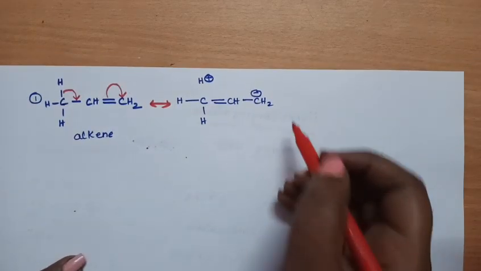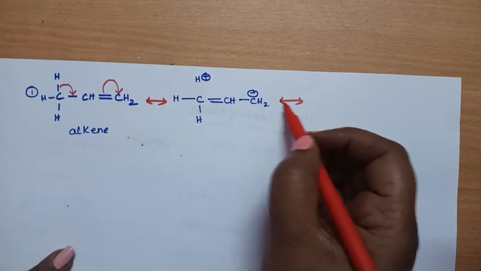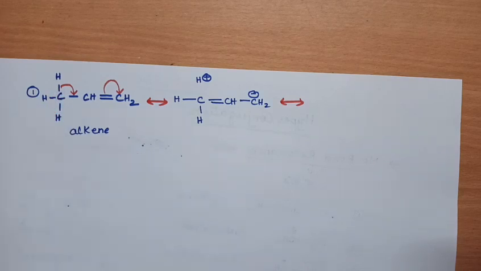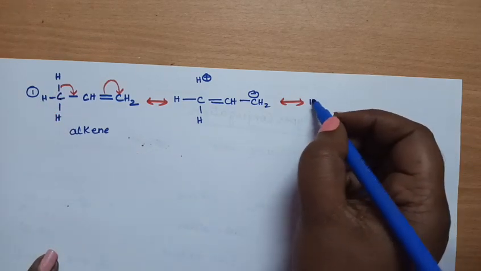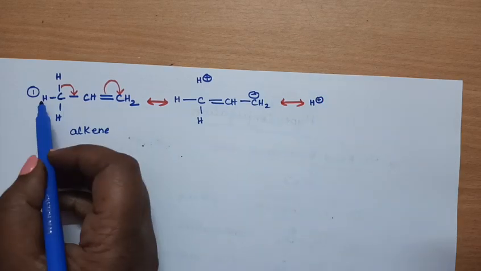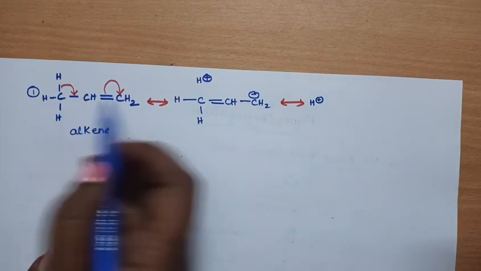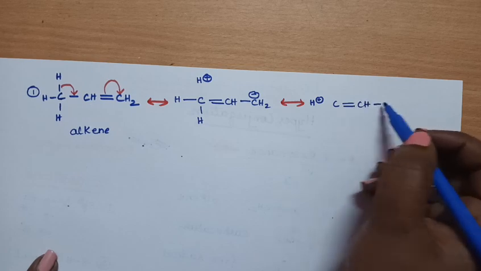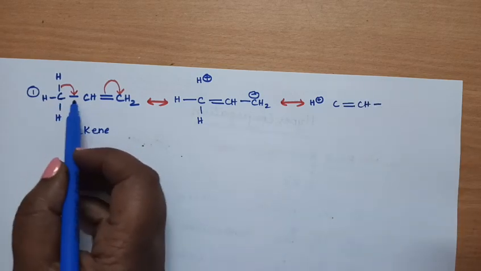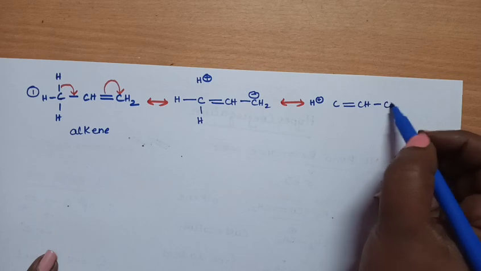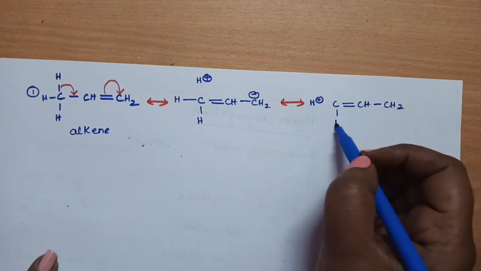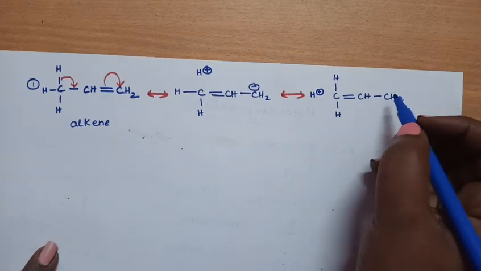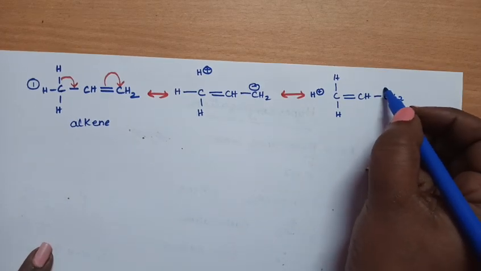The second structure is, instead of this bond, if this other bond shifts, you can write it as H plus. This is H plus and this bond is shifting here. So it becomes C double bond CH, CH2, and here one hydrogen will be there and here one hydrogen will be there, and here again there will be a negative sign.